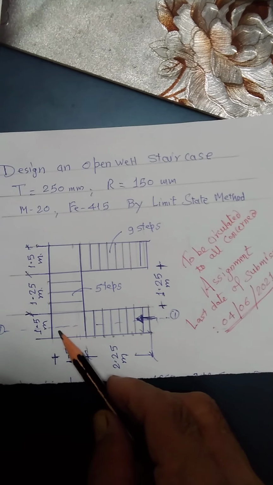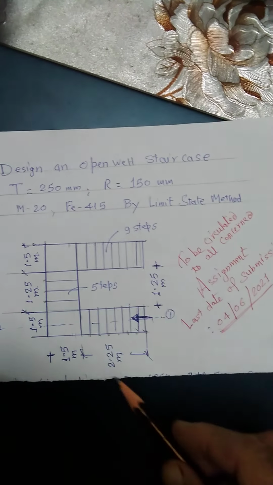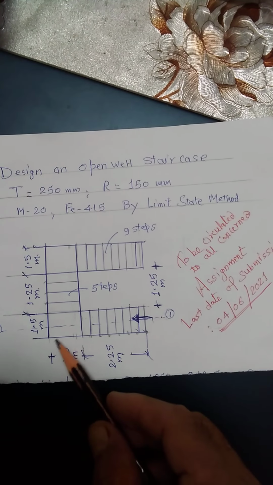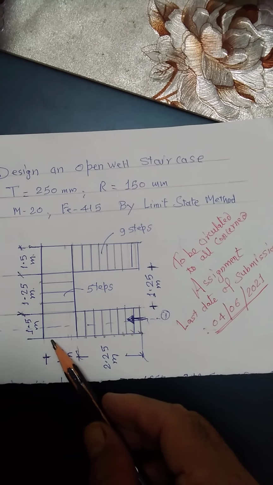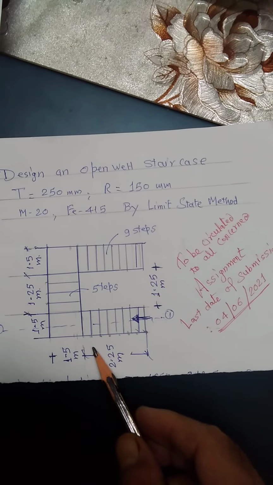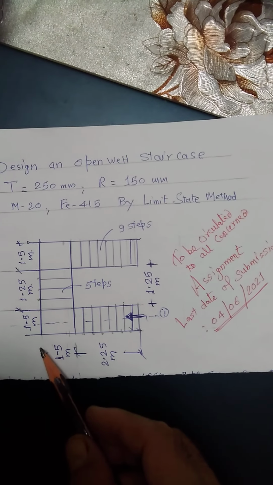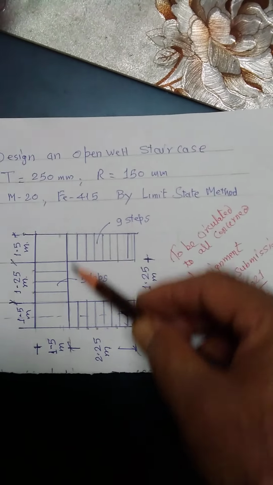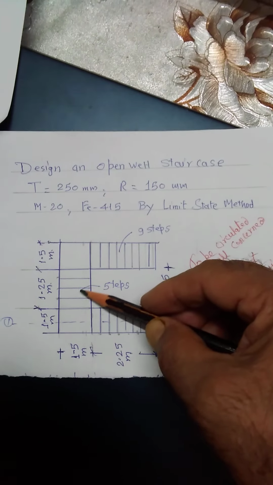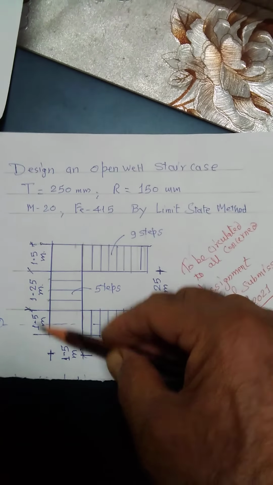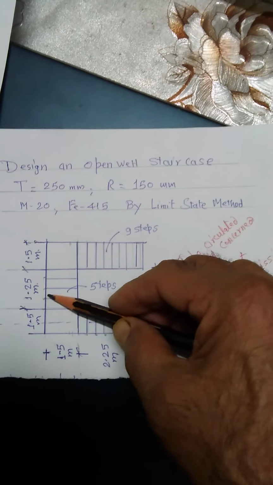We have to see this flight also. When we consider this flight, it is 2.25 plus 1.5, that is 3.75. When I consider this flight, it is 1.25 plus 1.5 plus 1.5, that is 4.25.